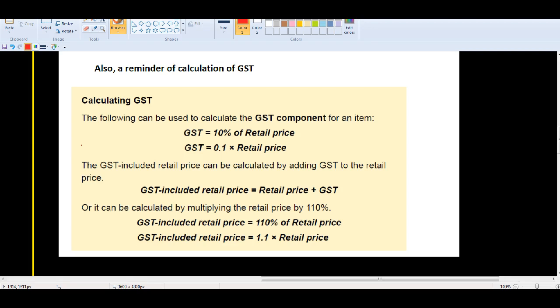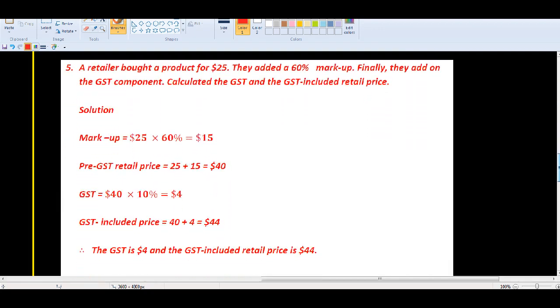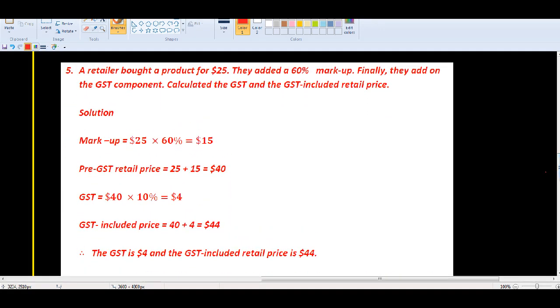Or if you want to get the GST-included retail price in one step, you can just use 1.1, a little bit like a markup factor. You just times the retail price by 1.1 and you get that final price directly. Let me show you one example. A retailer bought a product for $25.